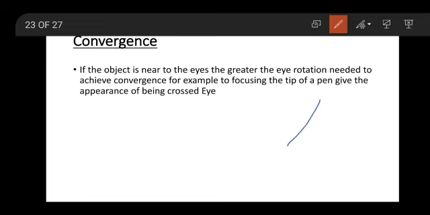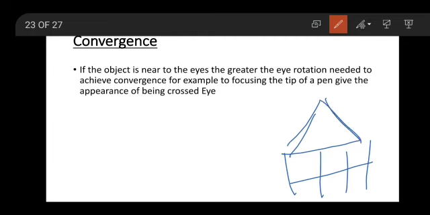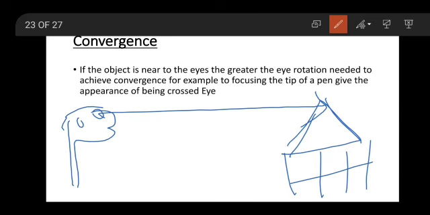Like, if there is a home and you are standing here and you want to see this home, and if you look with one eye at the roof of the home and the other at the base of the home, you are not able to see a correct image. You will have a double image in your brain.